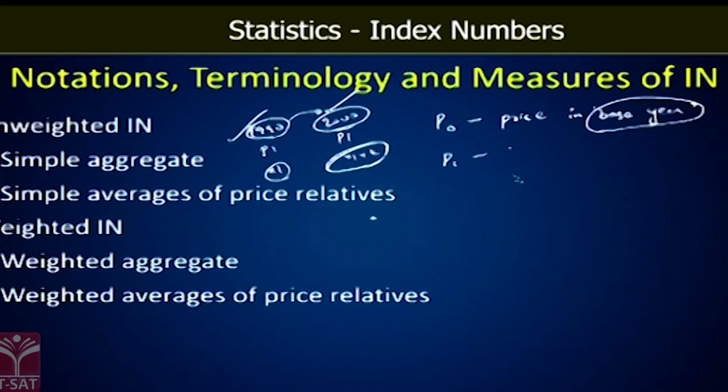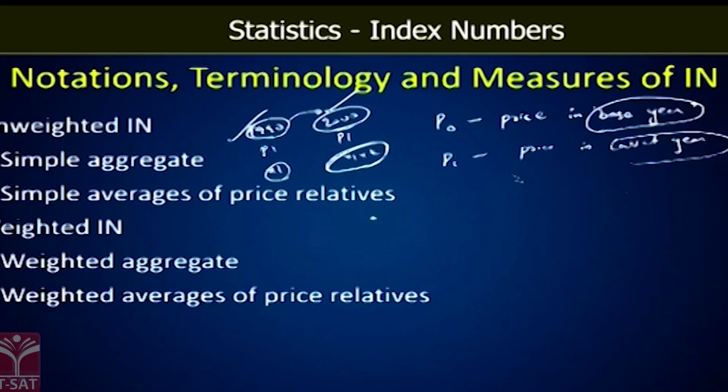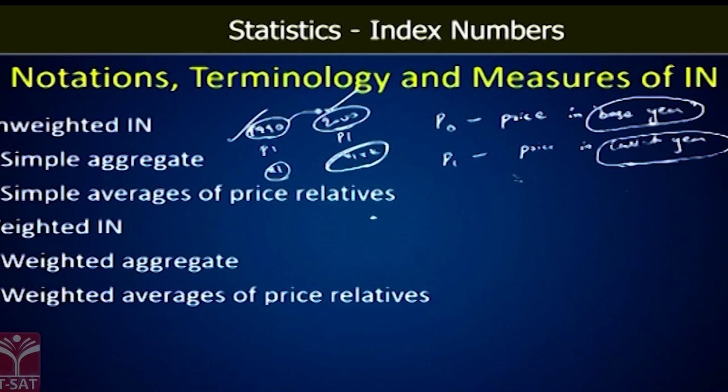Now P1 is the price in the current year. The current year is the one with present values. The base year is the one with which we are comparing.